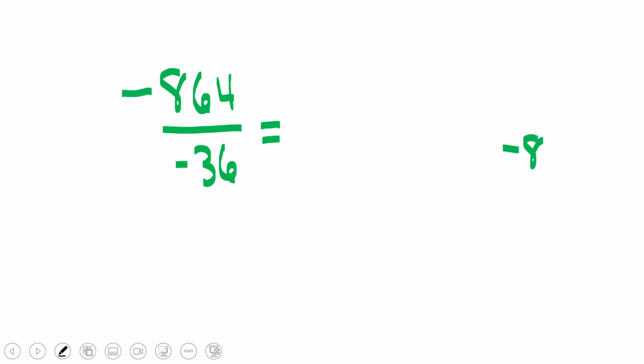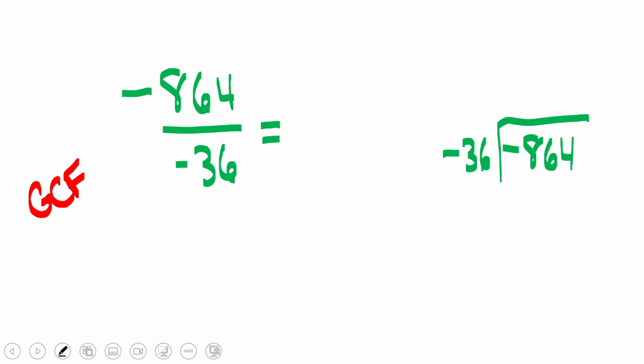You can put your negative 864 inside the house and divide it by a negative 36 in long division. You can also reduce your fraction with a GCF and divisibility rules and simplify it to be able to mental math the resulting numbers a little easier.